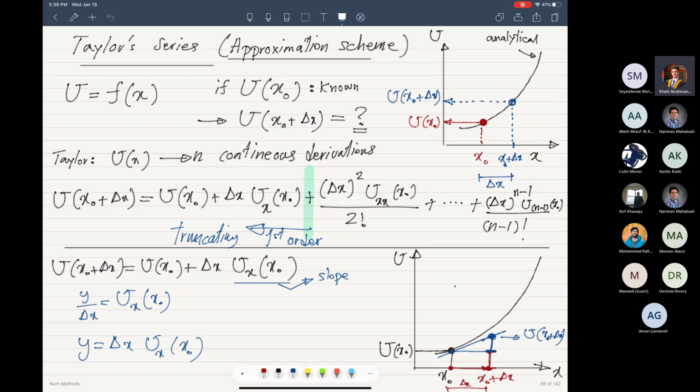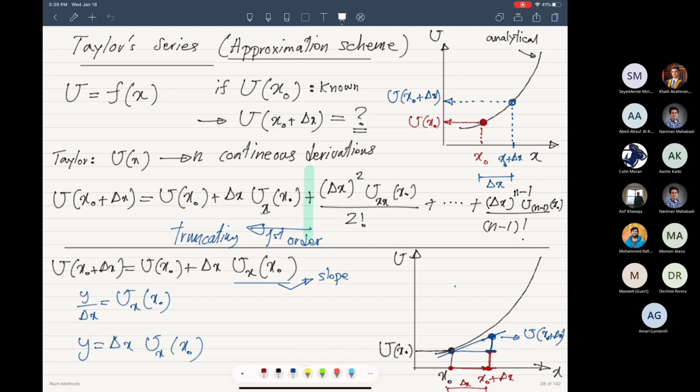I just wanted to make sure that the first term should have been divided by 1 factorial, right? Yeah, exactly. So this is 1 factorial, which is equal to 1. We don't actually write it here, but that is true. So this should also be 1 factorial, 2 factorial, 3, 4, 5.